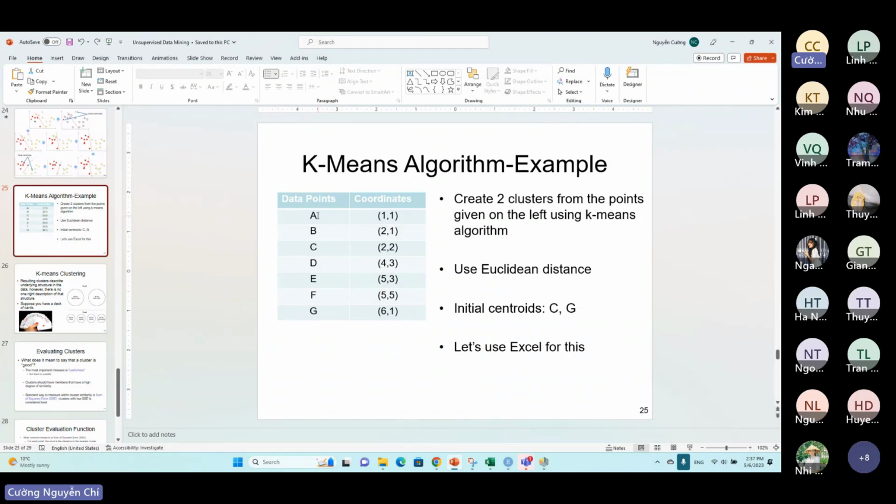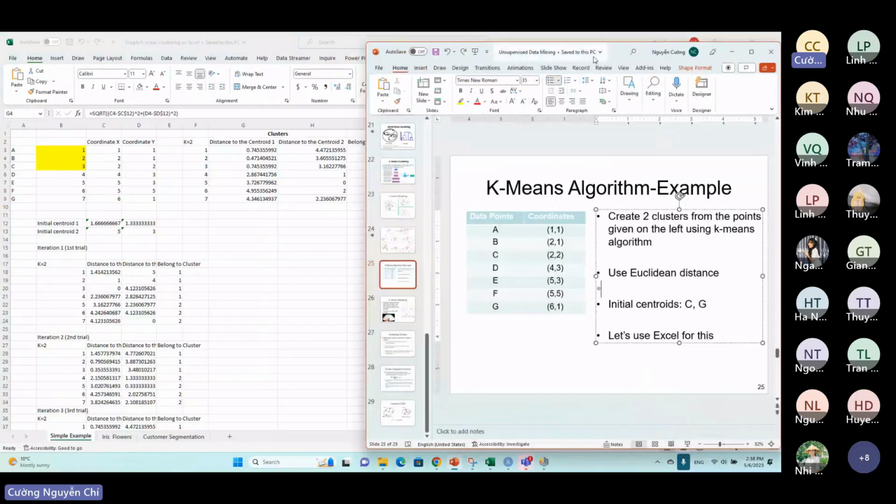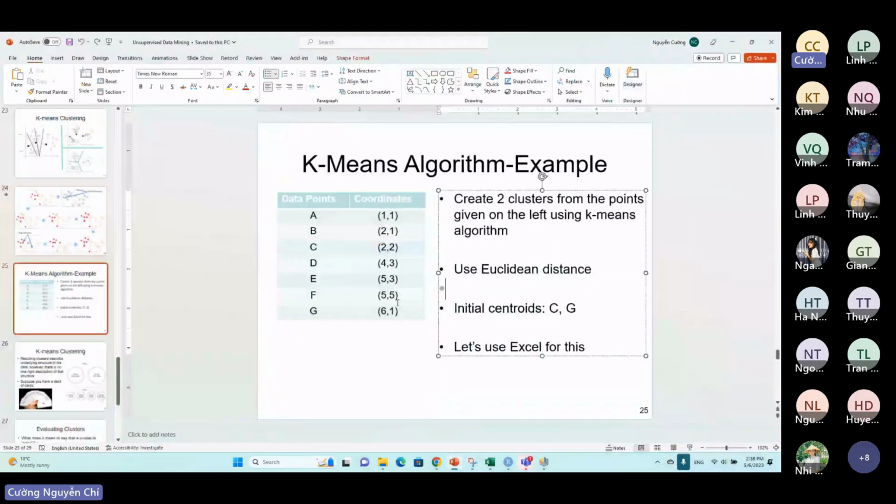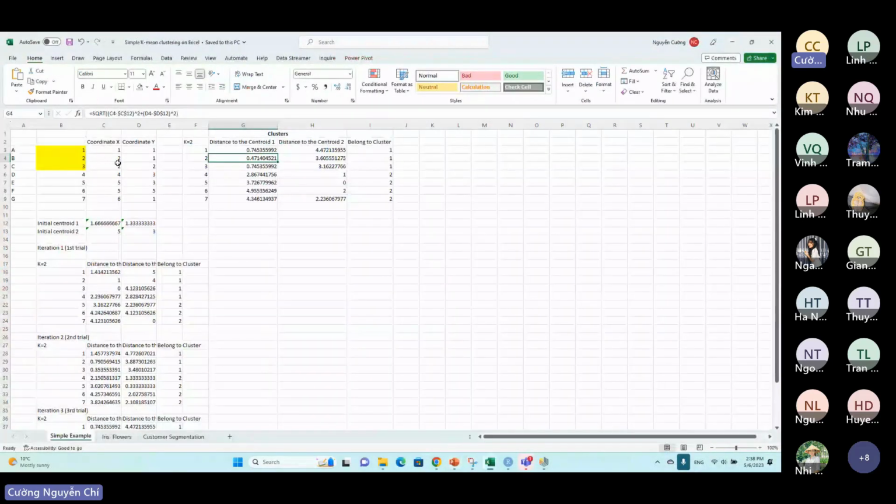Let's assume that from these 7 data points, we want to generate 2 clusters by the k-means algorithm and Euclidean distance. We can also do it with what people call the Manhattan distance, but it's fine for us to just do it by ourselves. All right, so this will be the first part. I've already created the data points over here, okay?